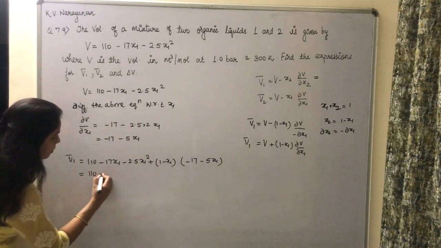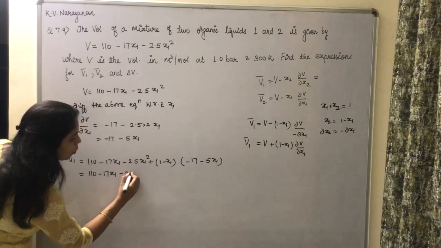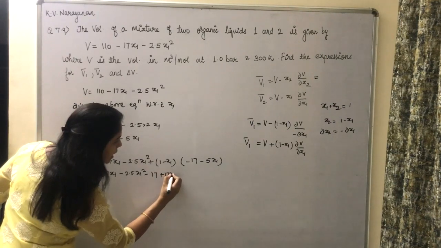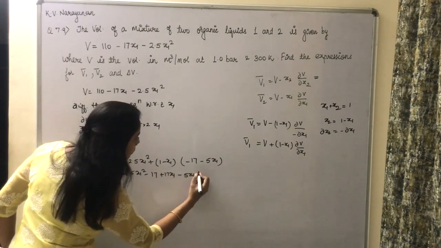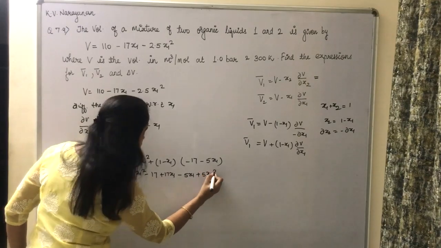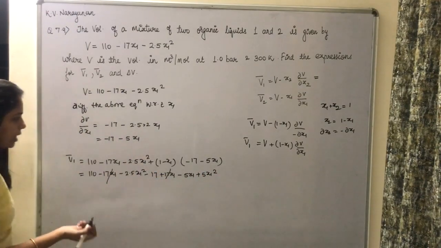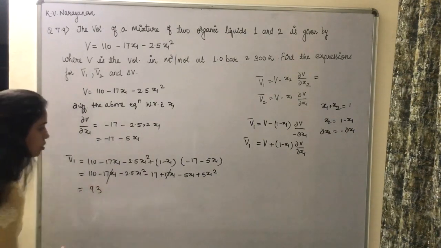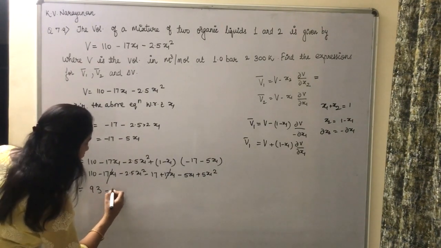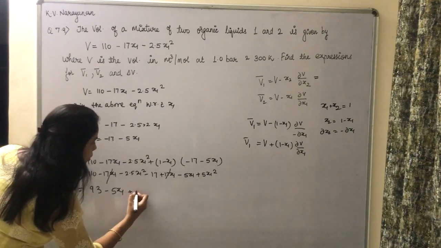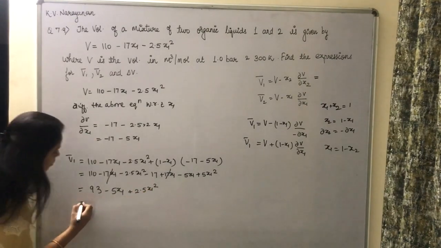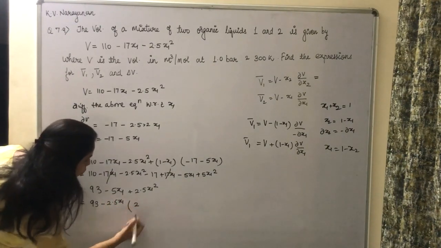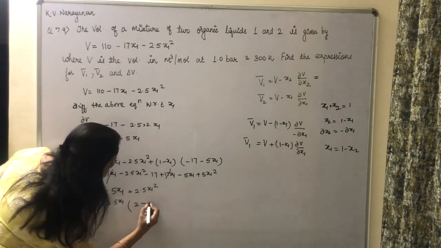So 110 - 17 x1 - 2.5 x1², open the bracket: -17 + 17 x1 - 5 x1 + 5 x1². So the 17 x1 cancels. 110 - 17 is 93, positive. Then we have -5 x1 and then +2.5 x1². Now 93 minus, taking 2.5 x1 common, what is left is 2 and minus x1.